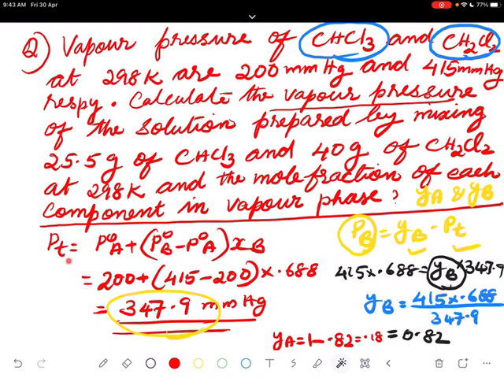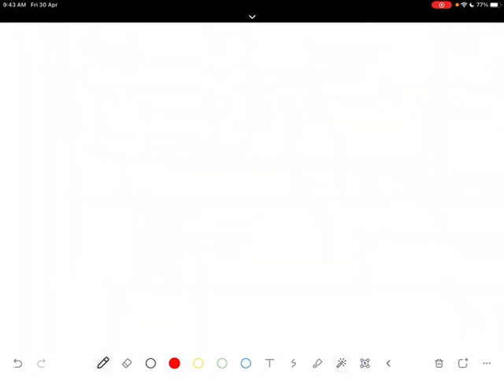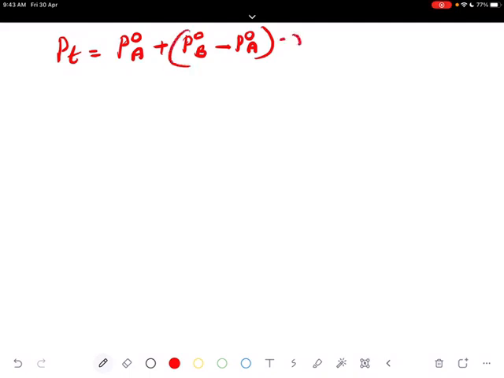Now you see this is in the form of y is equal to mx plus c. Let's analyze this equation: P total is equal to P naught A plus P naught B minus P naught A into XB.